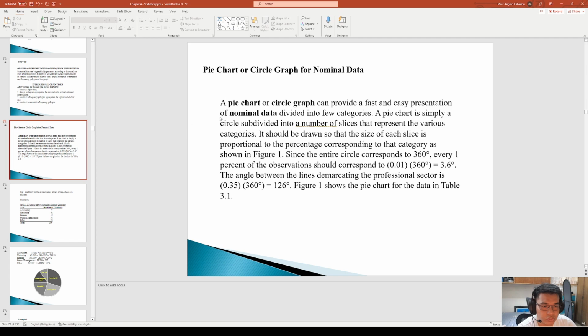So you use a pie chart for nominal data. Each one rotation means 360 degrees, and depending on the percentage, you divide the 360 degrees into percentages, into how many degrees.